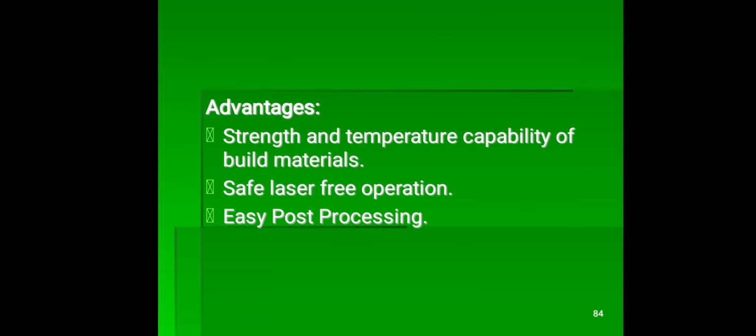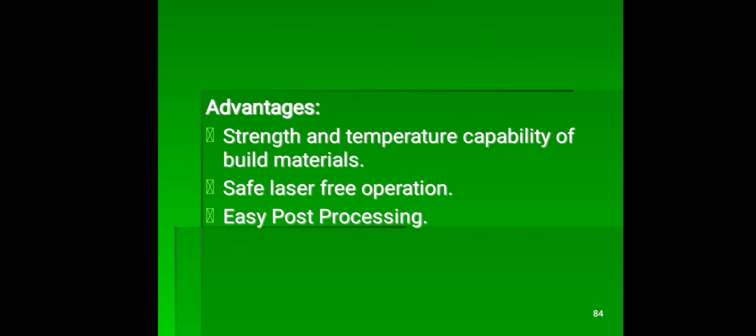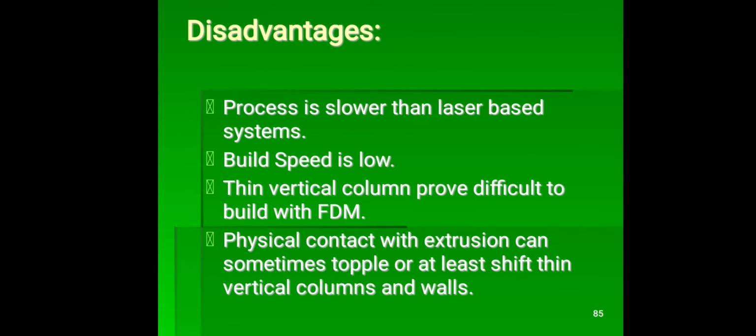Advantages: strength and temperature capability of build material, safe laser-free operation, and easy post processing. Disadvantages: the process is slower than laser-based systems, build speed is low, and thin vertical columns are difficult to build with FDM, as physical contact with the extrusion can sometimes topple or at least shift thin vertical columns and walls.